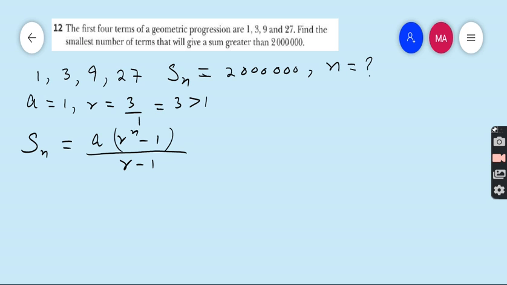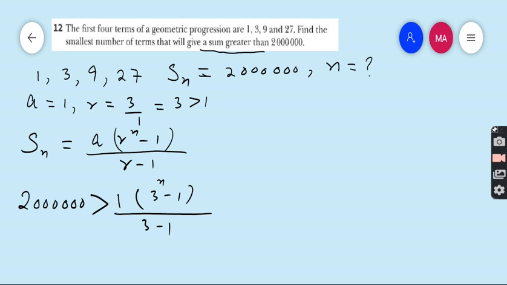Now the question is, find the smallest number of terms that will give a sum greater than 2,000,000. Greater than. Why we use greater than? Because this is a question, sum greater than of the given value. a is 1, r is 3 to the power n minus 1 upon 3 minus 1.